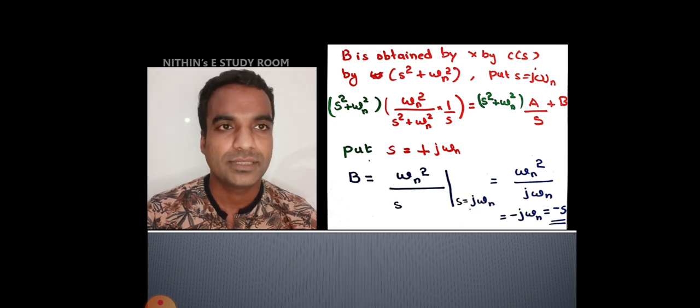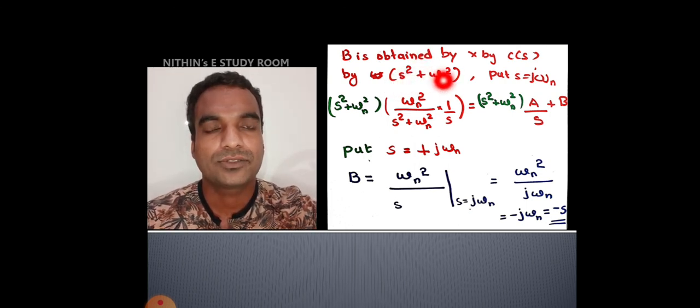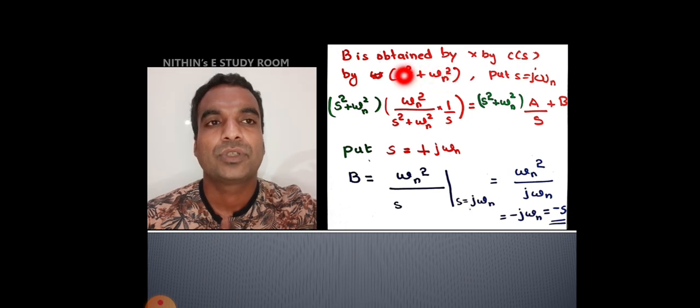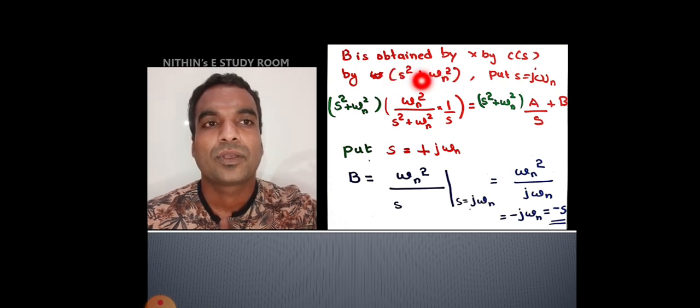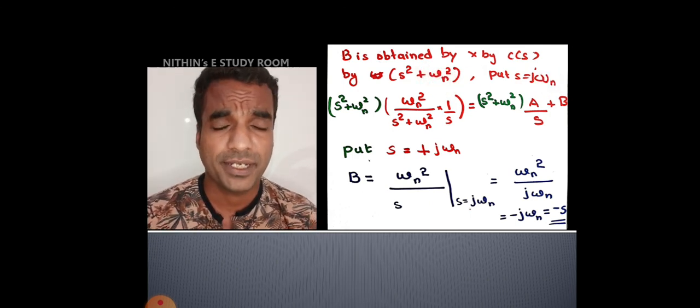Not plus or minus, s is equal to plus j omega n, because s square is equal to minus omega n square. So s is equal to square root of minus 1, that is j, and square root of omega n square, that is omega n. So s is equal to j omega n.